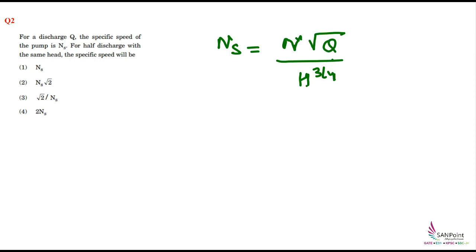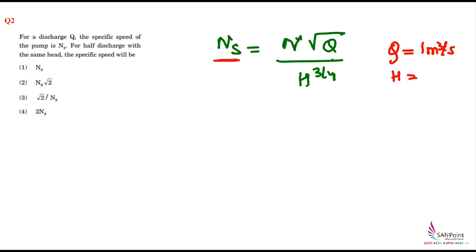Now what is this Ns value? Ns basically denotes what the rotation speed of the pump should be such that the discharge delivered by the pump is 1 meter cube per second. So Q value is 1 meter cube per second, and this discharge is being delivered at a height of 1 meter.